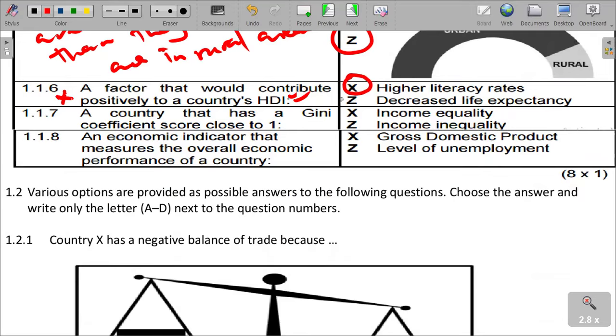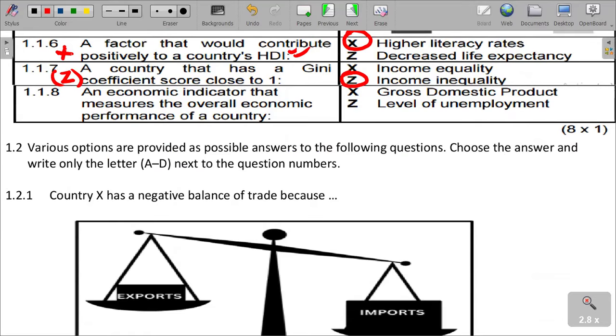As income inequality. There is a greater chance of income inequality, to say that the gap between the ones who have and the ones who don't have is high. So it is shown by a Gini coefficient close to 1, which is Z. Z is the right answer when it comes to number 7.